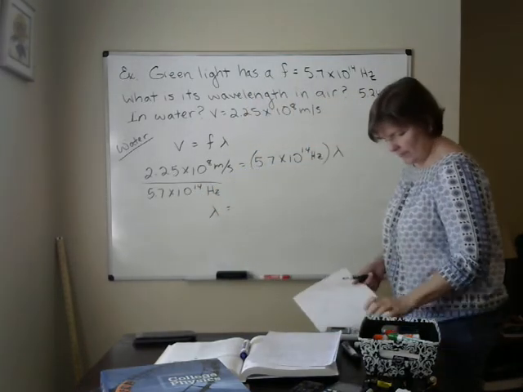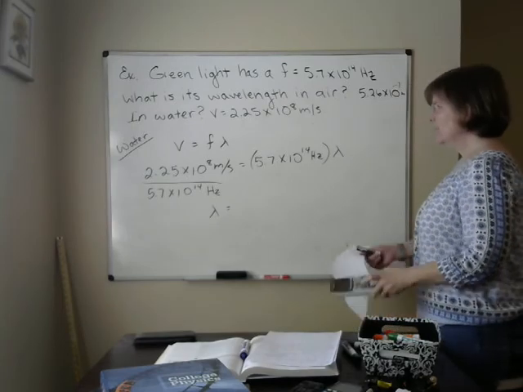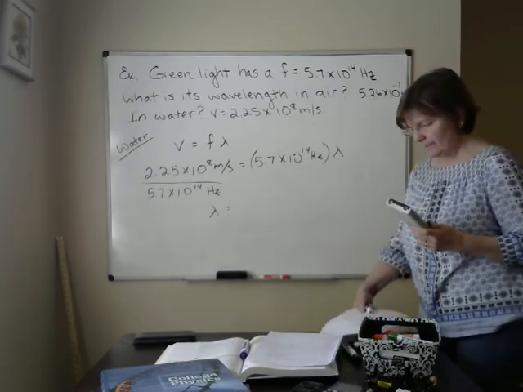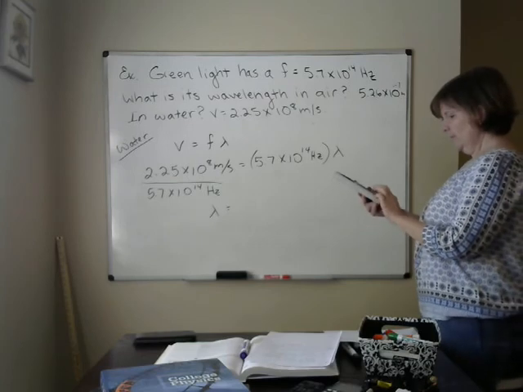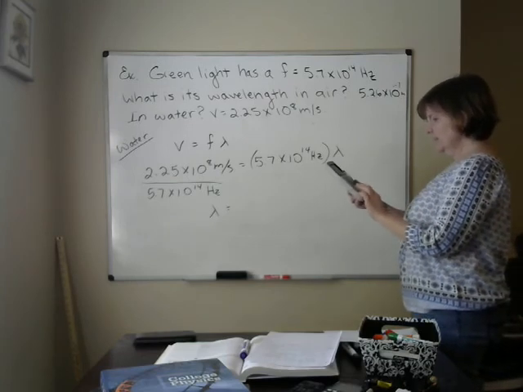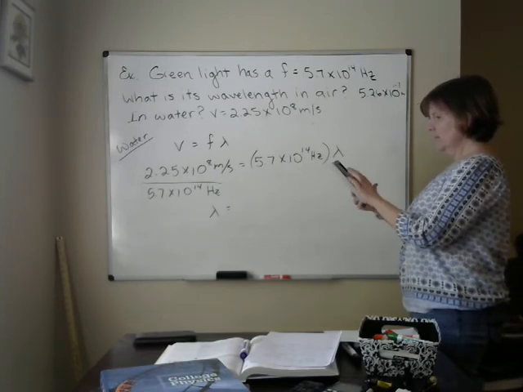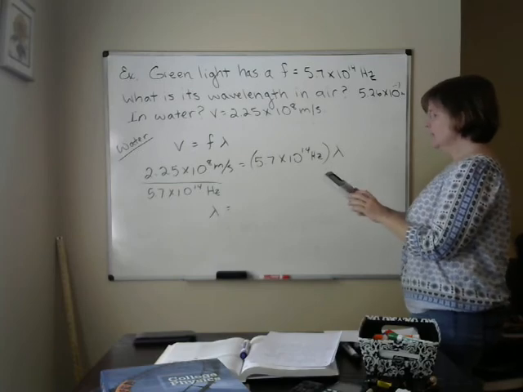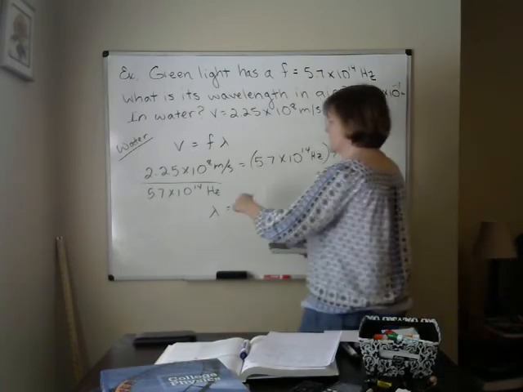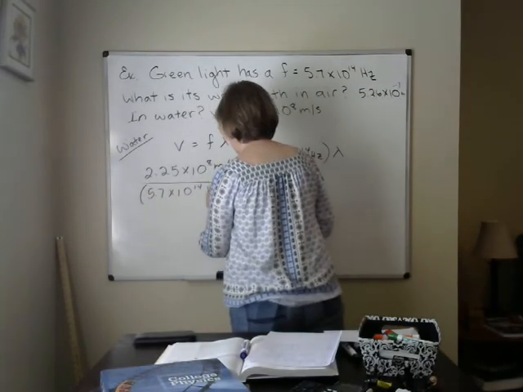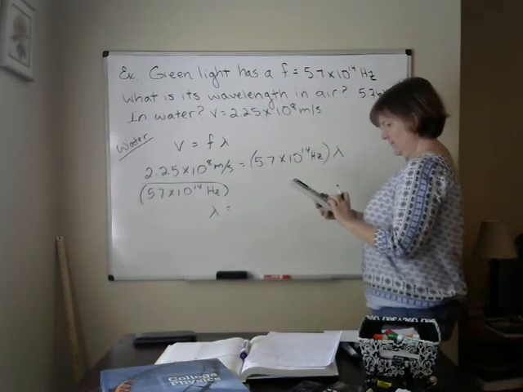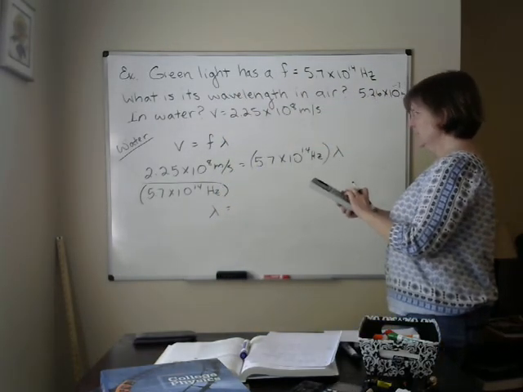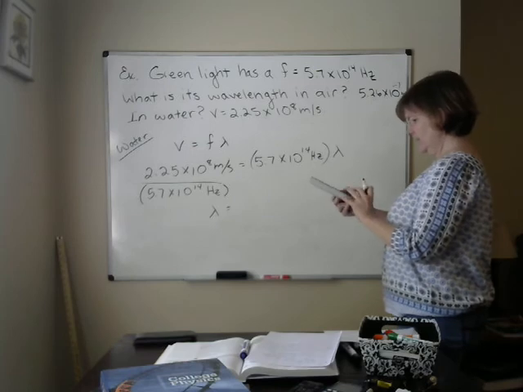So very carefully, 2.25 times 10 to the 8th power divided by, and I'm going to put parentheses on this, I don't want to get a wrong answer, 5.7 times 10 to the 14th.